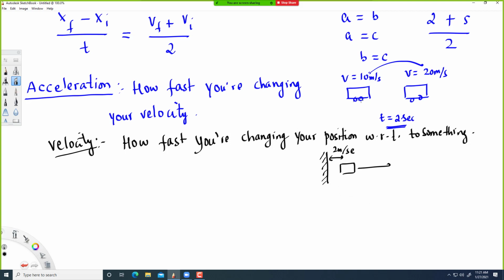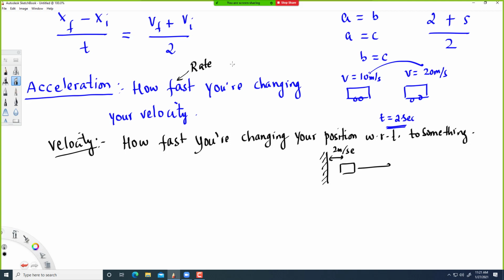Whereas for acceleration, every second you are changing your velocity by 5 meters per second, or in 2 seconds your velocity changes from 10 to 20. Whenever you see this thing, how fast, we call it rate.